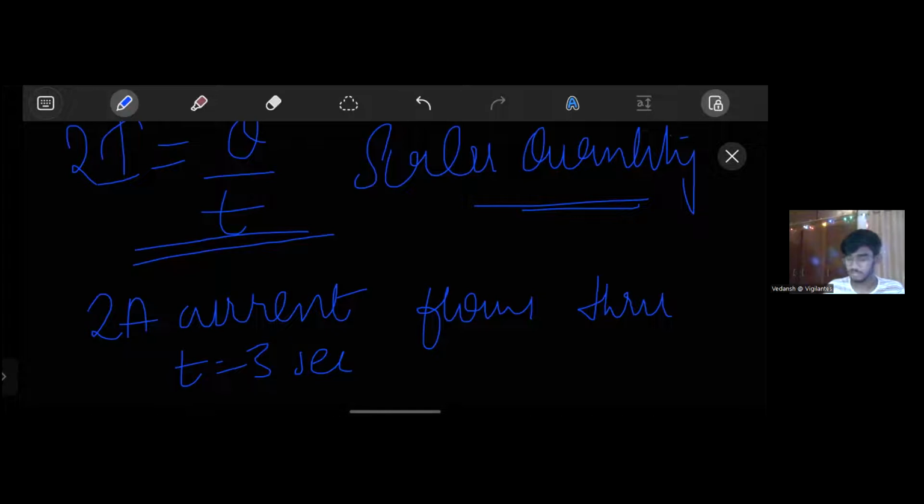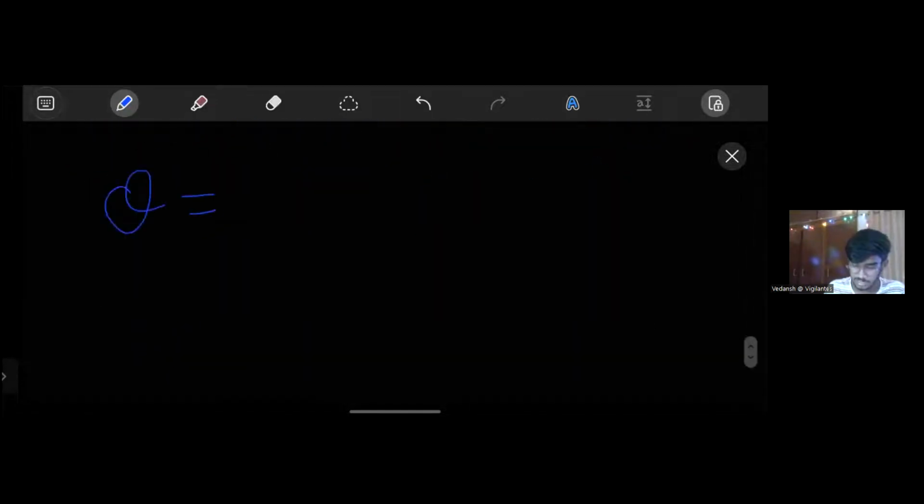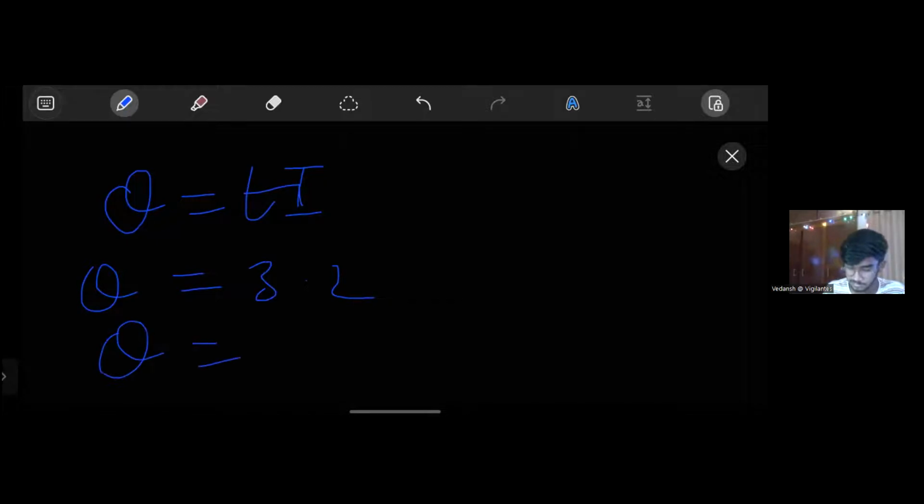So you just take this over here. Your answer would be Q equals I into T. We have T given as 3, we have I given as 2, so Q would be equal to 6 coulomb. We know that coulomb is the SI unit of charge, so coulomb it is.